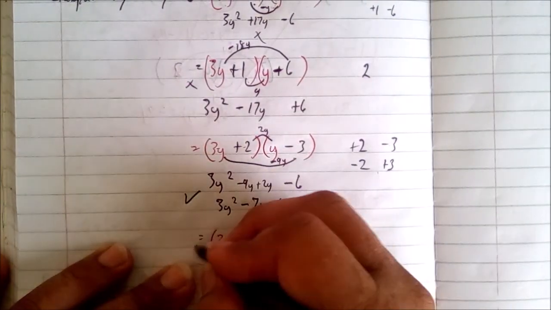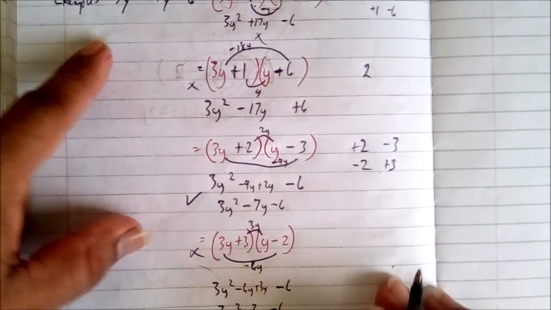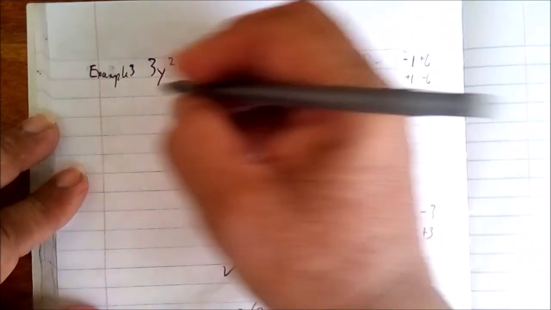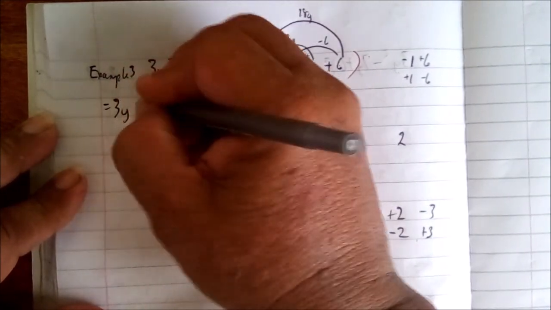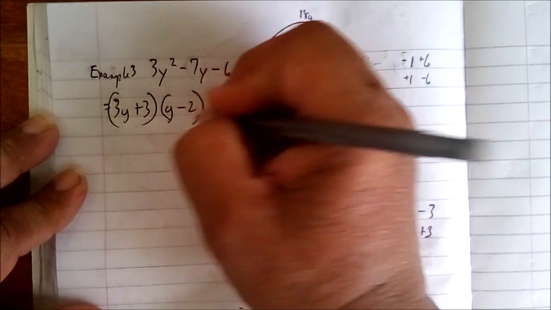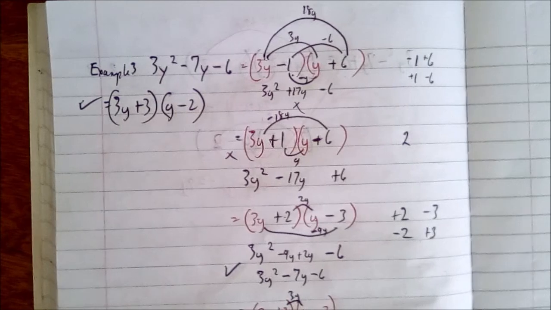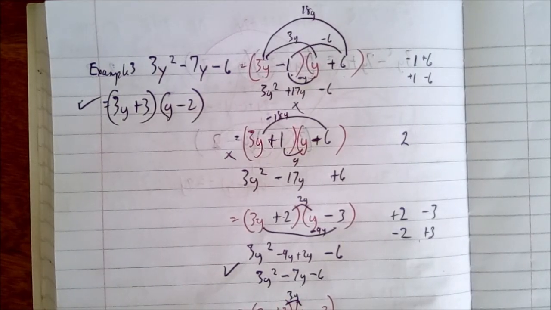So this is not the combination; this is the correct combination. Our solution for this problem would then be (3y plus 2)(y minus 3). Now remember, this is a trial and check method. It's time consuming, but we need to understand the concept behind it.